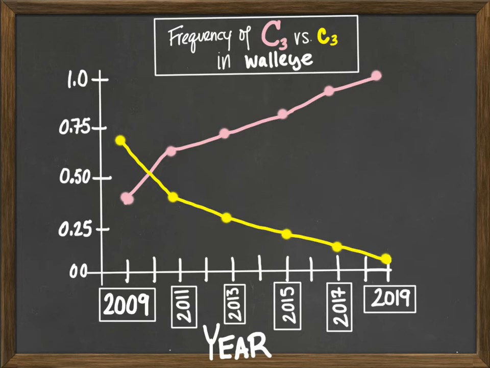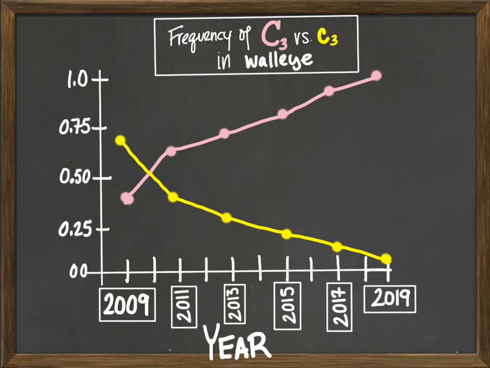We see that starting off in 2009, the dominant allele made up just less than 50% of all the alleles in the population, and the recessive allele made up a little bit more than 50%.